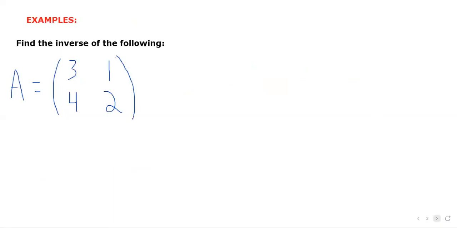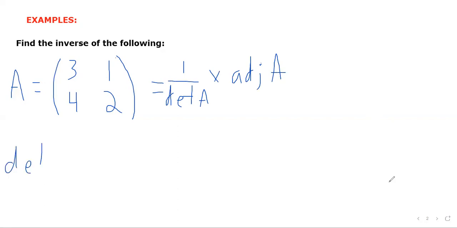So for the first one, let's find the inverse of this here. The equation is 1 over the determinant multiplied by the adjoint of A. The first thing we need is the determinant. Remember, the determinant of A is equal to AD minus BC.